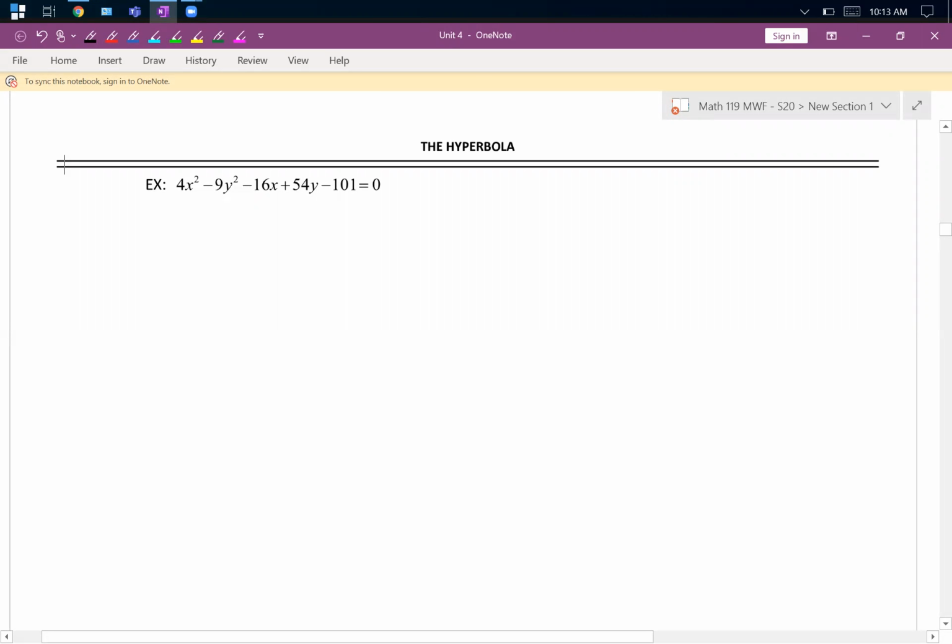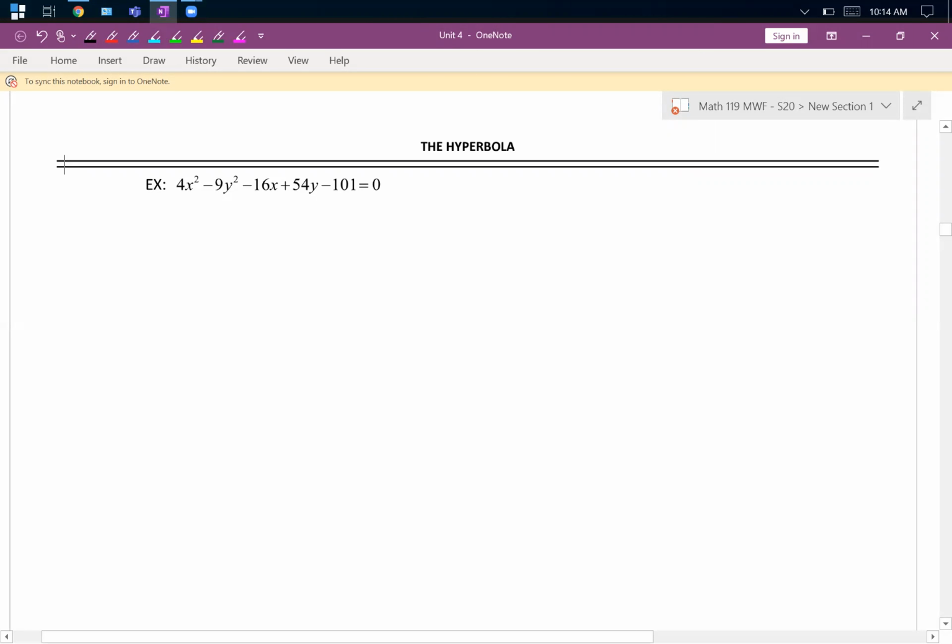I know when we did ellipses, the leading coefficient for both x squared and y squared was always positive. But if they're both negative, that's an ellipse too, because you just divide through by a negative and it switches them to both positive. On Wednesday, we're going to do parabolas, and in a parabola, only one of the variables is squared. So that's how you know, just based off of a general form equation, what conic section it is.